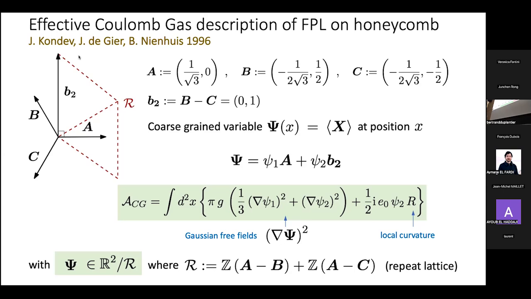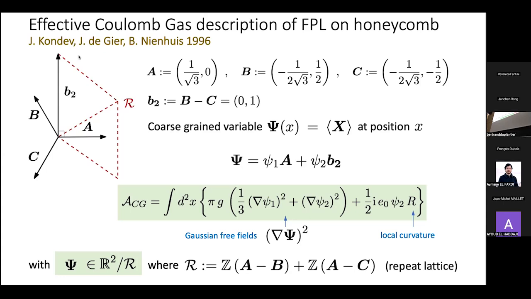And then you say that your height in your system, when you look from far away, your system of heights, which is calculated the way I showed before, should be decomposed on two vectors, A and B2 here, with some components which are coefficients, which are pure numbers, psi1 and psi2. And then this is what people argued for, that your fields psi1 and psi2 are going essentially ruled by Gaussian free fields.